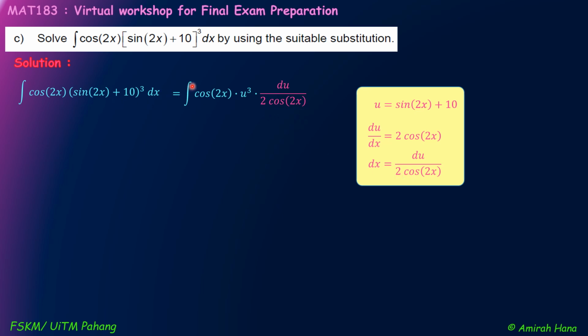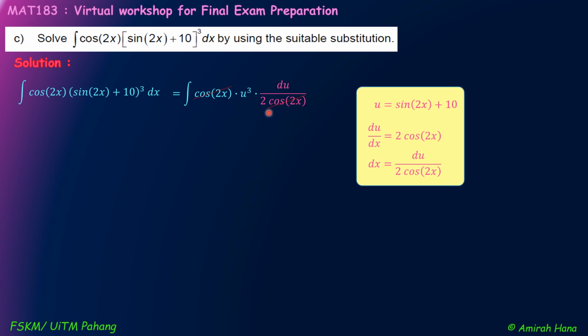So now we have the integral of cos 2x times, in the bracket here means u, so we have u cubed times dx, which we write as du over 2 cos 2x. After that, we can simplify the cos 2x here and the cos 2x in the denominator here.